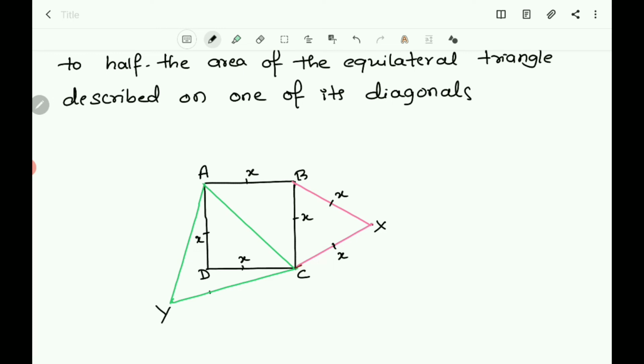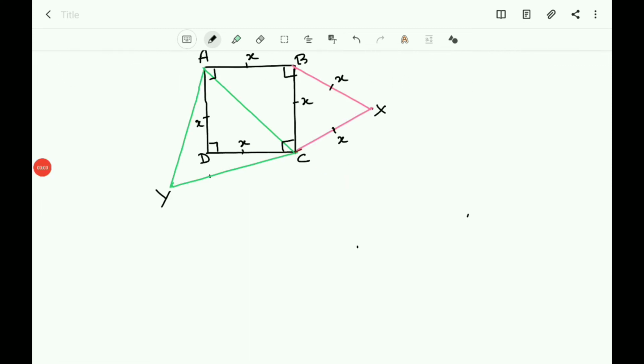Now we have to prove that the area of triangle BXC is half the area of triangle AYC. You know that all the sides of a square are equal, so let each side of the square be x. Note down that in the figure ABCD is a square.